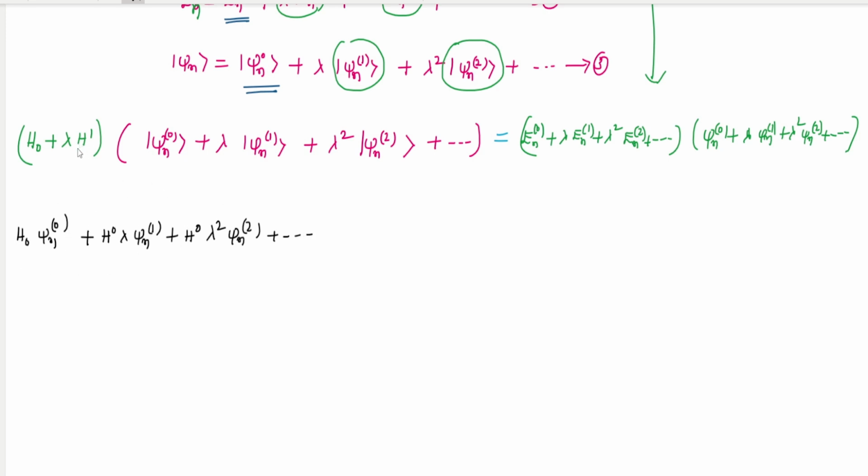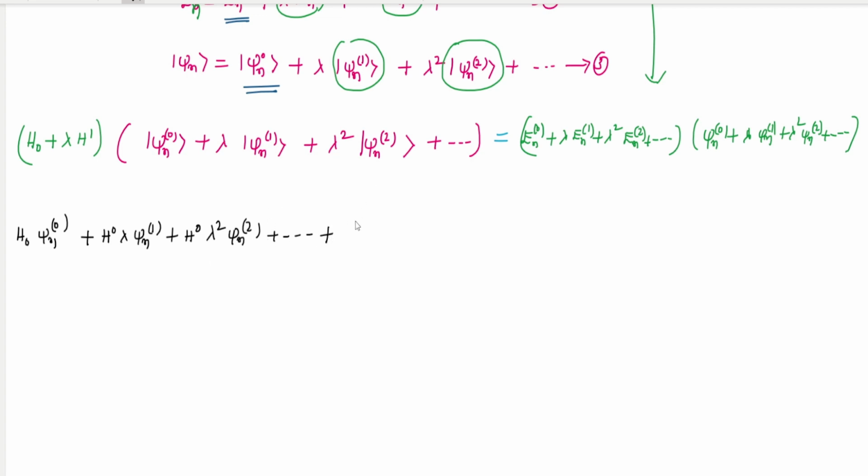I'm considering only up to second order. I'm not going to third order, fourth order. Those are very difficult, and in most problems they're not considered. Most of the cases they're asking only first order, second order, or the ground state. I mean the unperturbed term, first order term, second order term. Similar case in the energy terms.